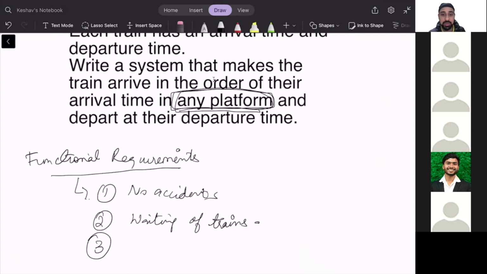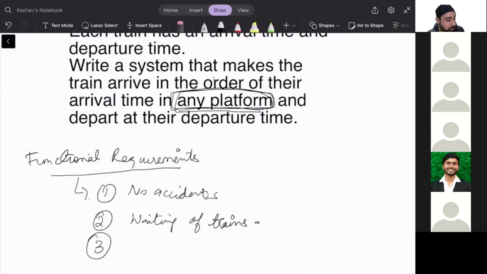I'm just playing devil's advocate here for you, just to ensure that if there is a hint, don't let it go to waste. As an interviewer, I would have let go and said, yeah, please go ahead and do it. That would make the problem more complex. So we'll just make use of whatever is given in the problem statement.